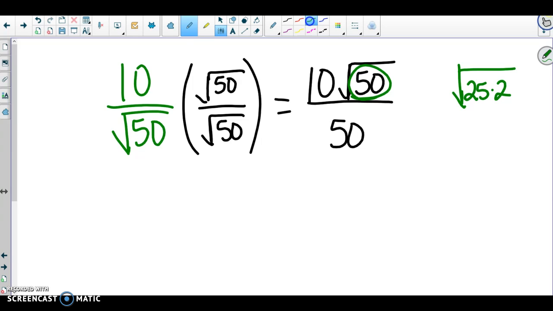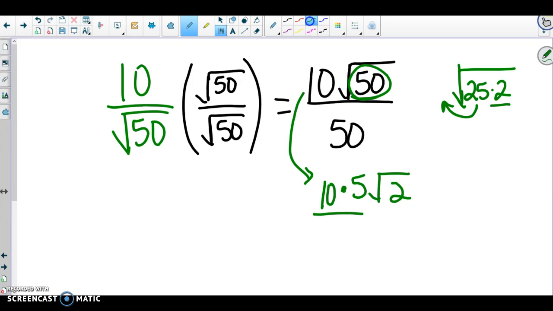And so the square root of 25 I can pull out and have a 5 there. So what I'd end up with is 5 root 2, because the 2 is still underneath there. But I still have this 10 here, and then I have a 50 on the bottom.